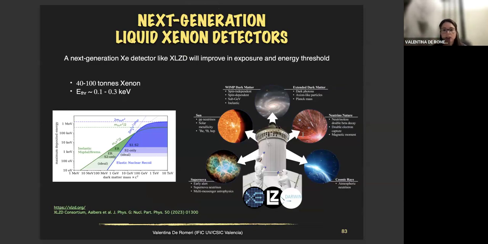So this detector is expected to have a volume as large as 100 tons and an energy threshold as low as 0.1 keV, which is of course very interesting because it would allow us to test also low mass WIMPs.